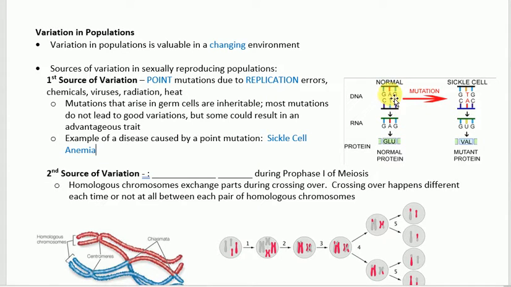And so you can see right here where we start out with an A, which pairs up with a T. Over here, somehow during replication, that T, or that A, was replaced with a T, so it reverses down here to where we have an A instead of a T. So our RNA code is different, which means that our protein is different.